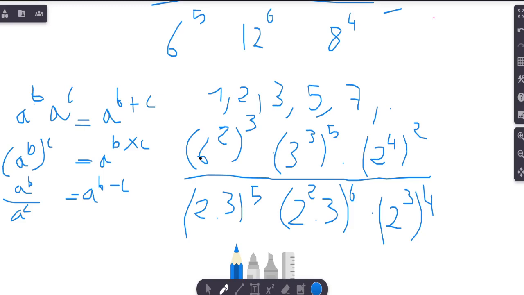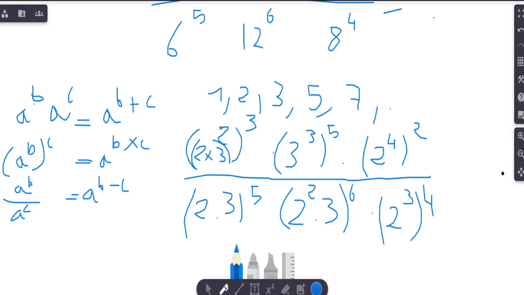And here 6 square, we are going to rewrite it as 2 times 3 square to the exponent 3.